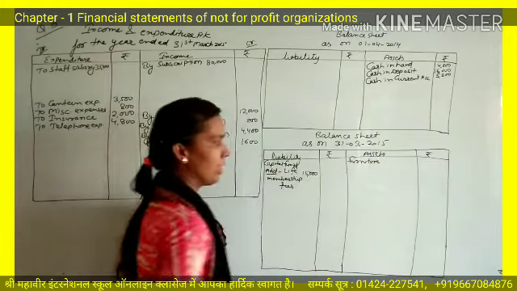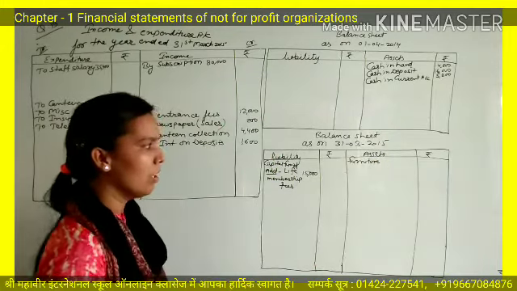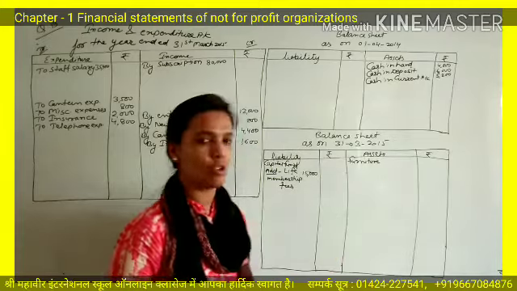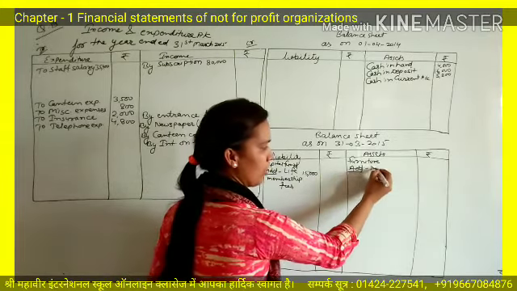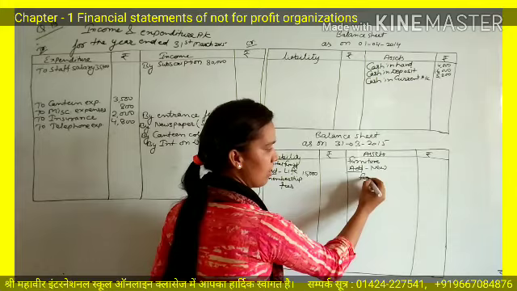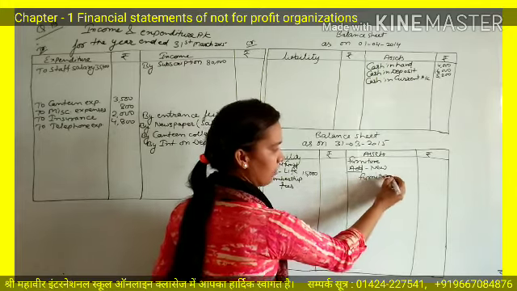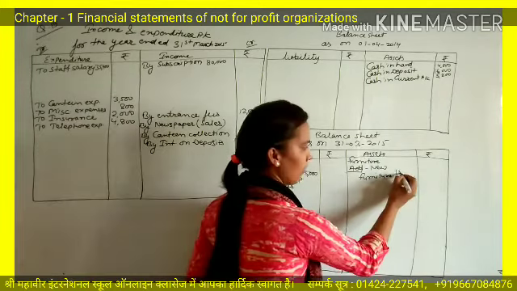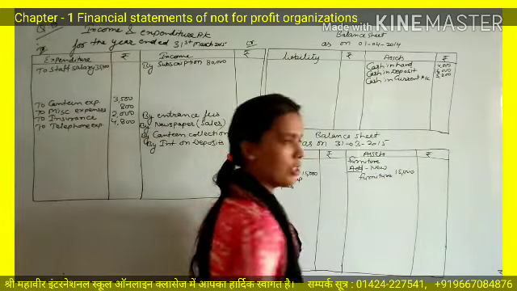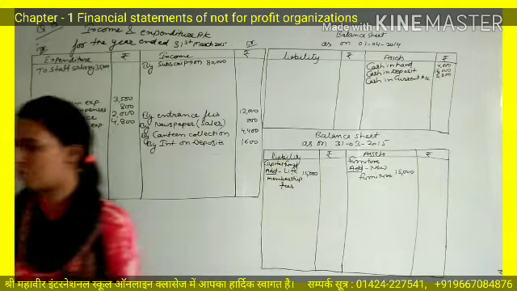First I am giving some space here because we will write here the opening balance of furniture, and then we are adding new furniture that we purchased during the year. So what is the amount of new furniture? 15,000. We purchased a new furniture during the year, that is of 15,000 rupees.